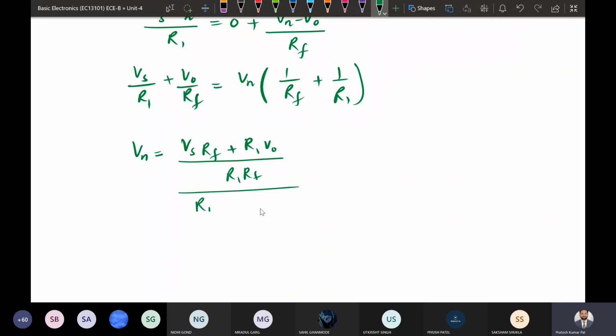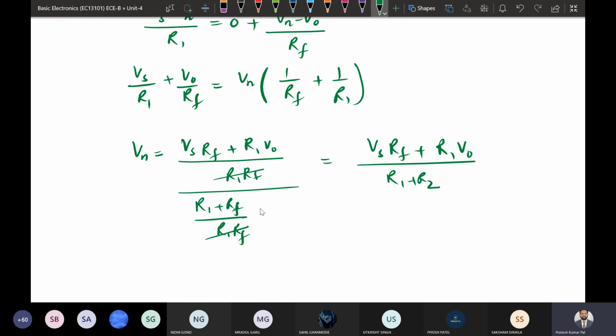So it will be R1 plus Rf divided by R1 Rf. So these two will be cancelled out, and it will be Vs Rf plus R1 V0 divided by R1 plus R2.